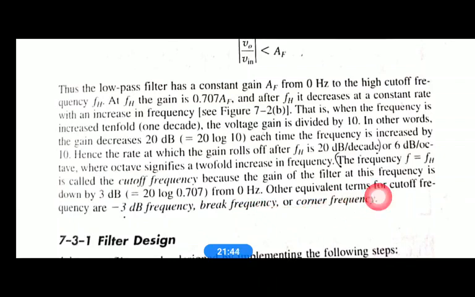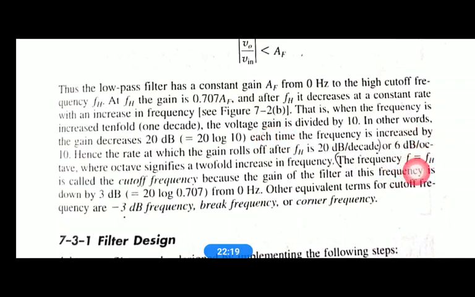After fh, the gain is reducing by 20 dB per decade, meaning for every 10 times increase in frequency the gain reduces by 20 dB. If fh is 1 kilohertz and the gain is 20 dB, at 10 kilohertz the gain will become 0 dB.